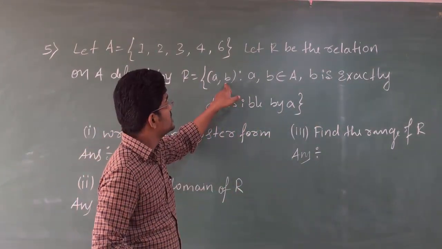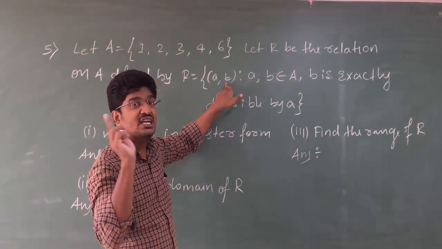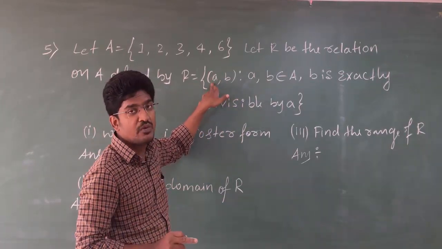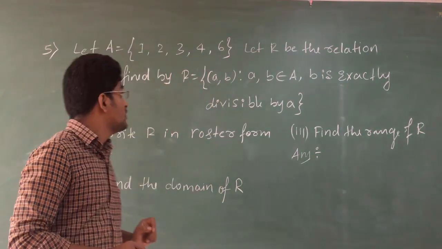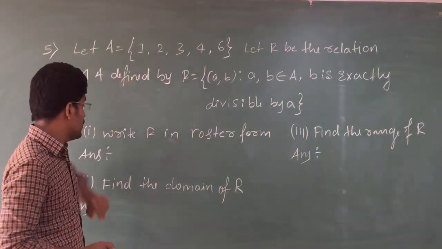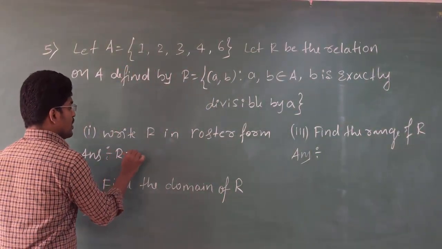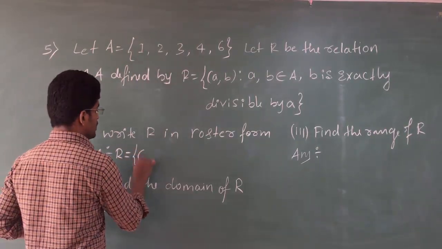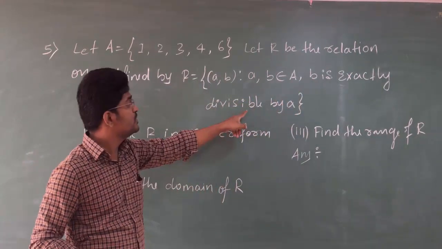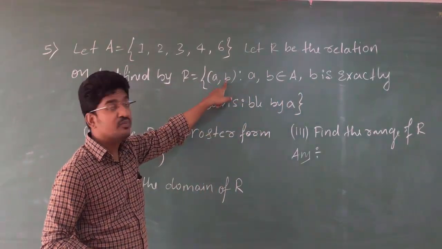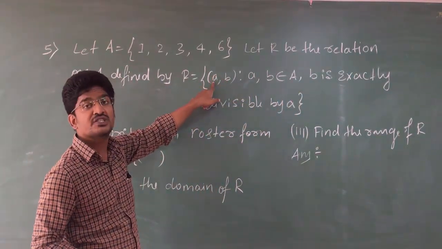That means the second term is exactly divisible by the first term. That type of ordered pairs you have to select from set A. Okay. See, R equal to set of (a, b), b is exactly divisible by a.